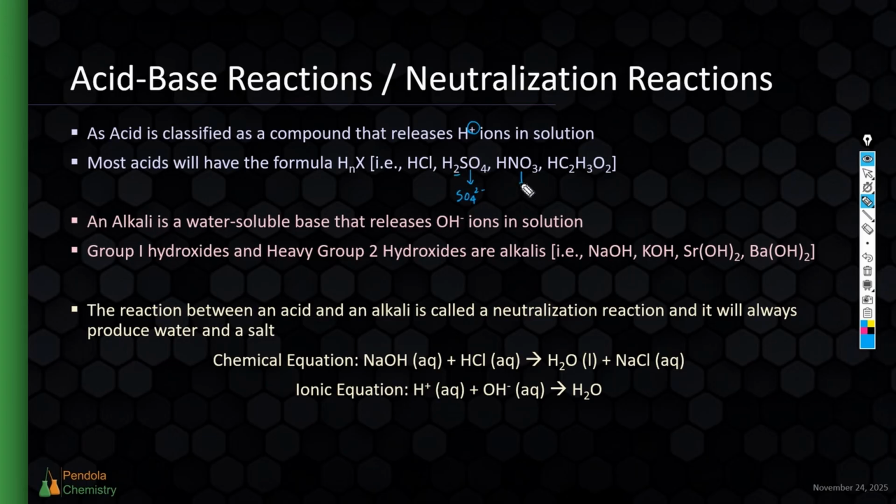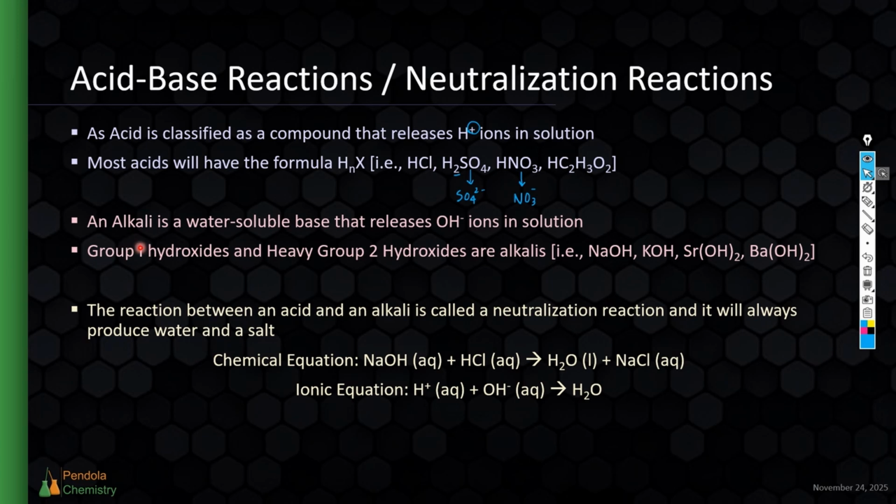On the other hand, in HNO3, there's only 1 hydrogen because the nitrate ion, NO3, is 1-. So there's only 1 hydrogen needed with its +1 charge to neutralize the nitrate. So just keep in mind, you might have different numbers of hydrogens in an acid because of the charge of the anion. But you always have hydrogen. Because acids release hydrogen ions in solution, they always have that hydrogen they can give up.